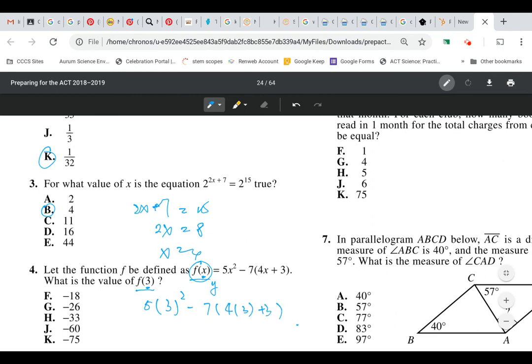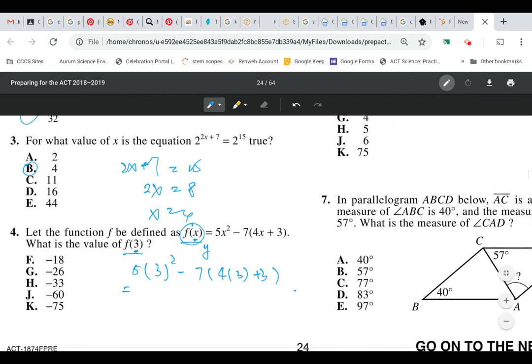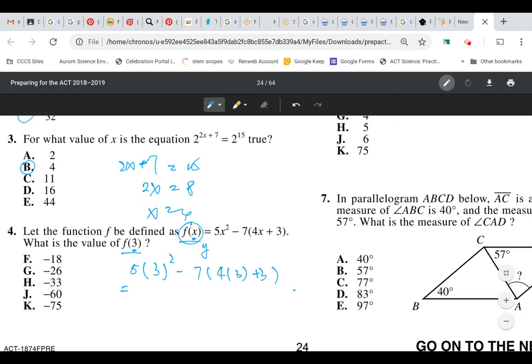You can just put it like that. Put that exact same thing into a calculator, but I don't have a calculator with me, so I'm just going to do it in my head. So 3 squared is 9, 4 times 9 is 45, minus 12 plus 3 is 15, 15 times 7 is 105, and then negative 60, okay, it's J.